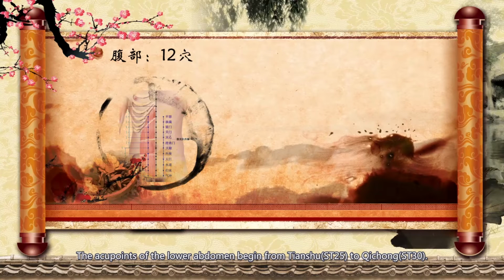The acupoints of the lower abdomen begin from 天枢 to 气冲.